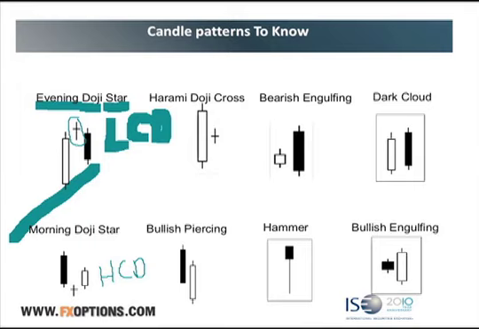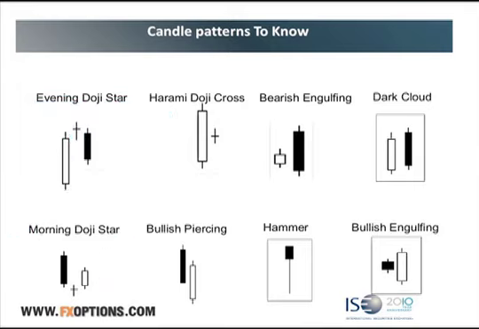And the momentum change that I'm looking for is if you see the market close below, and that's where we see this close right there, close below the low of the doji. So that's what I think is very important for traders to look at. If you notice that this is the low of the doji and this is the close of the next bar, then that's the signal, that's the setup that I truly look for.